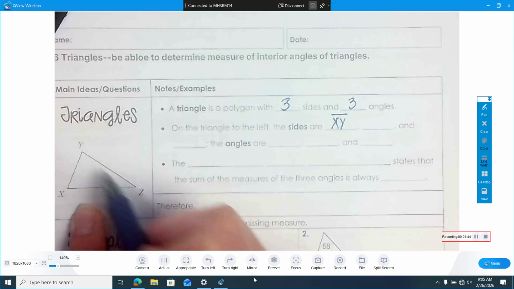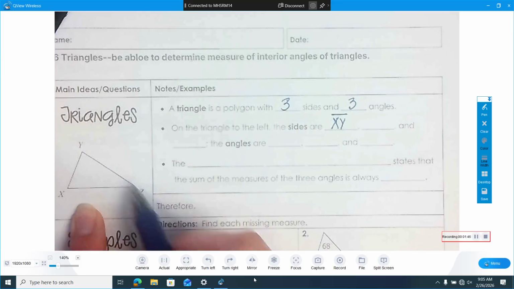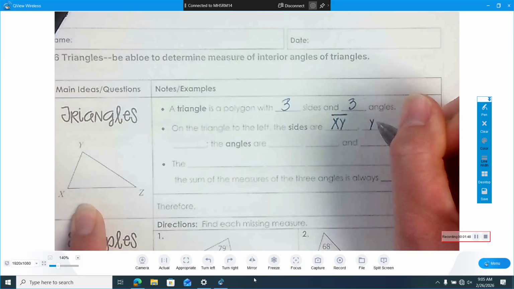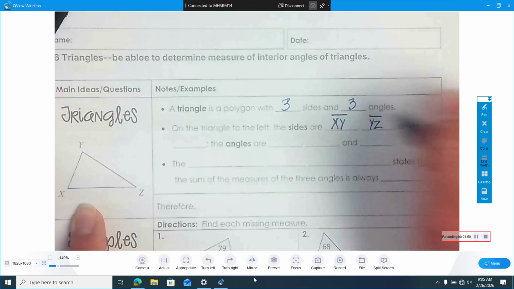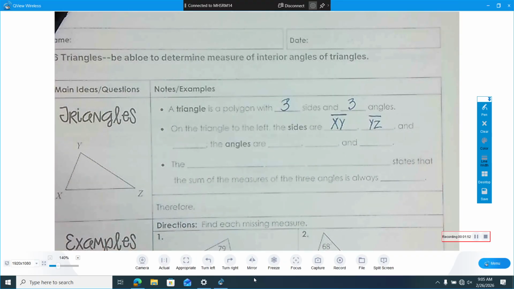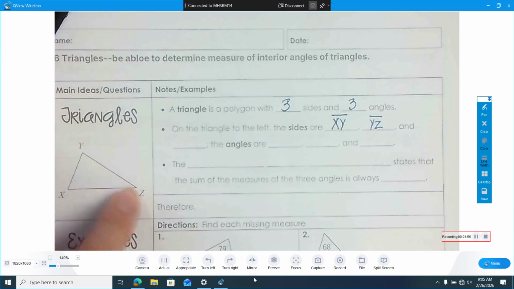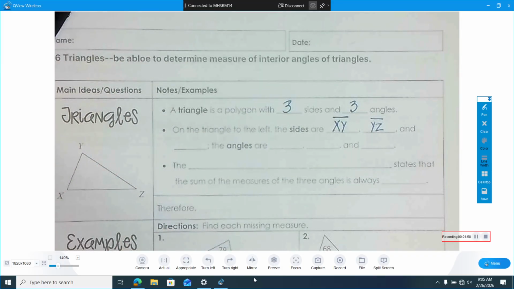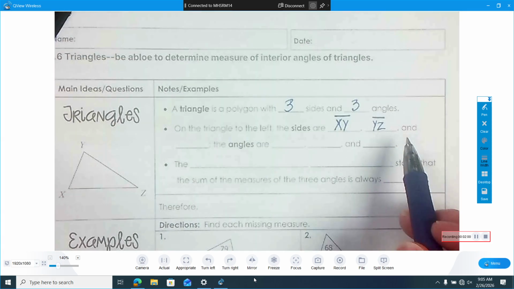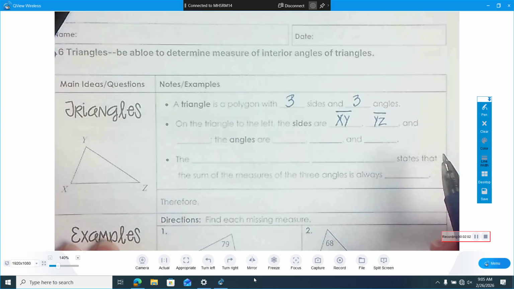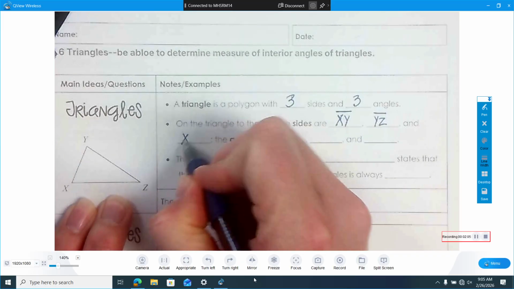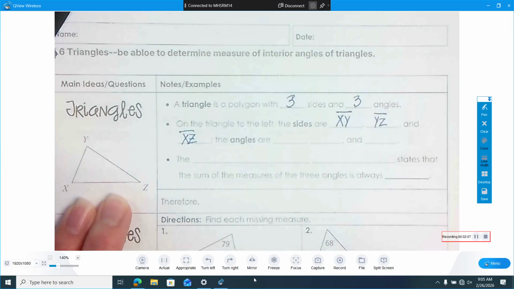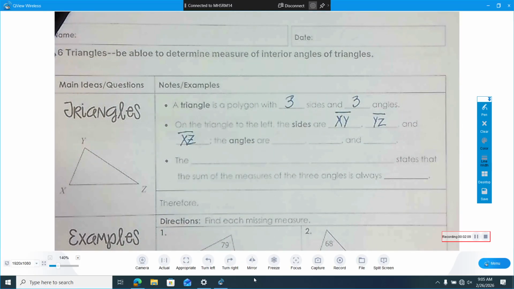We have another side, which is side YZ. Again, capital letters, and it is a segment, a piece of a line. And then what's the last side? XZ, again with a segment on top. So segment XZ. Those are the 3 sides.